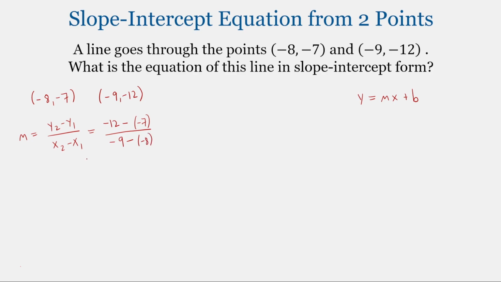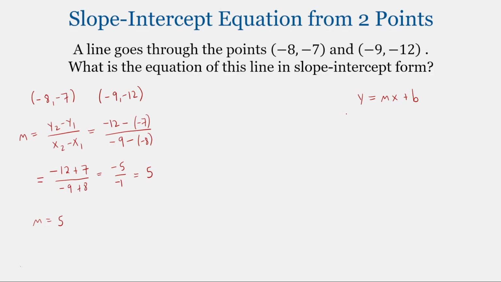A lot of negatives here. So in our numerator, we're going to have negative 12 plus 7 all over negative 9 plus 8. This comes out to negative 5 all over negative 1, which simplifies down to 5. So our slope is equal to 5.